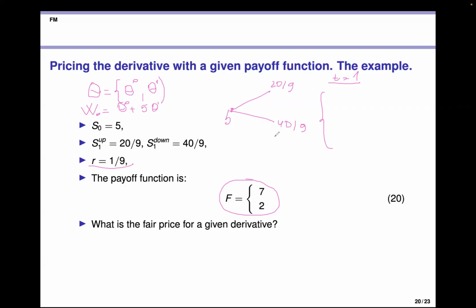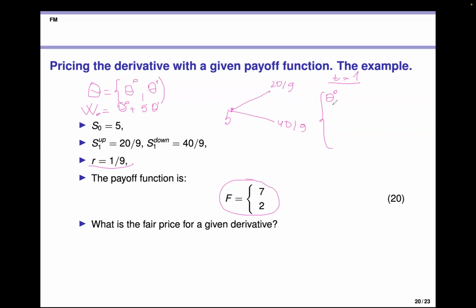And we should find theta 0 and theta 1. I think that we have to make a system of equations and then try to solve it. Please tell me.